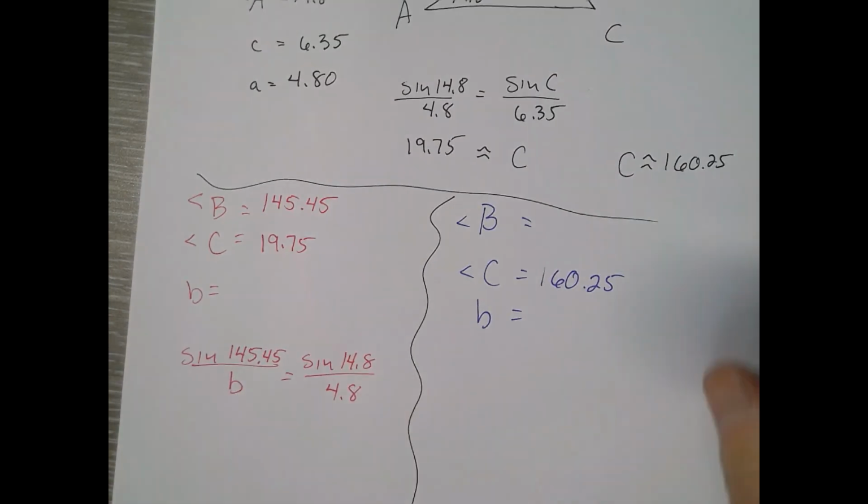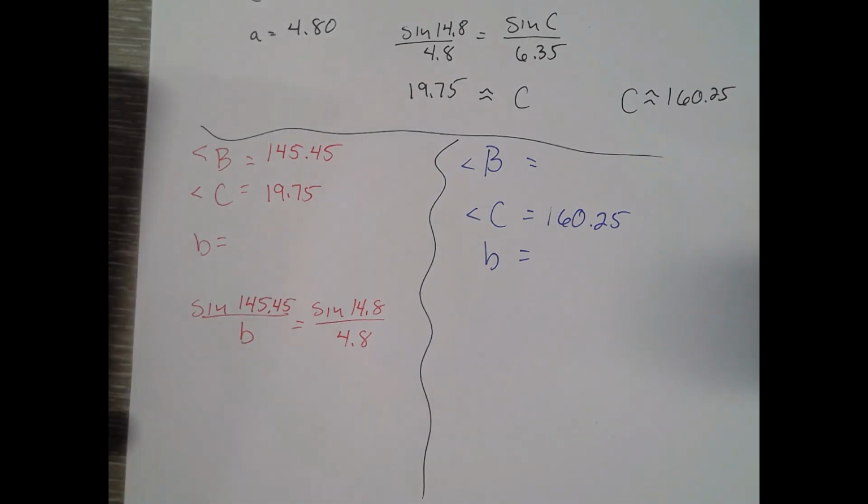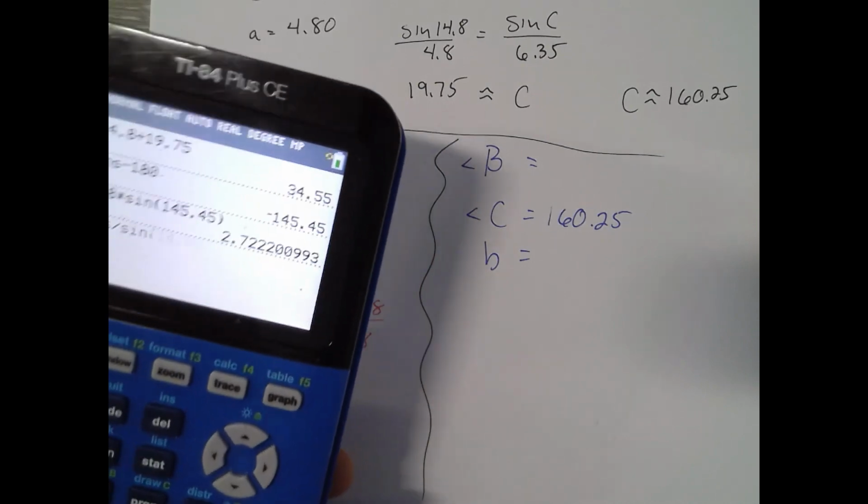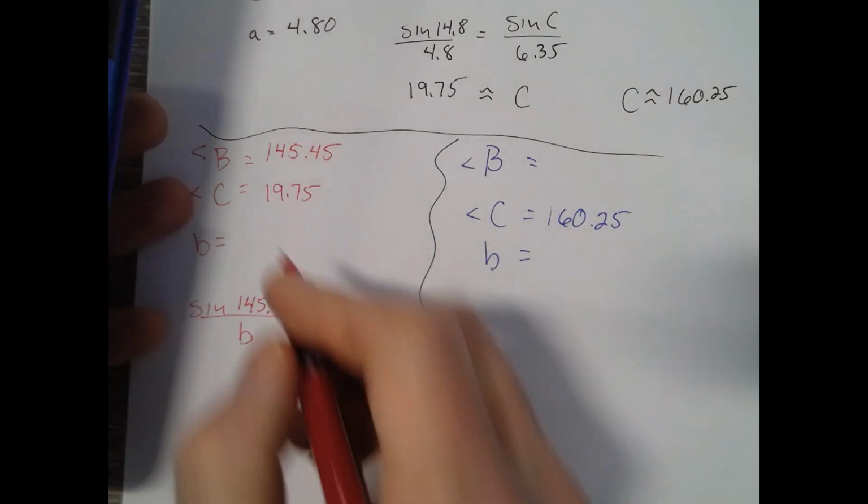So we can find side B there. 4.8 times the sine of 145.45 divided by the sine of 14.8, 10.65.